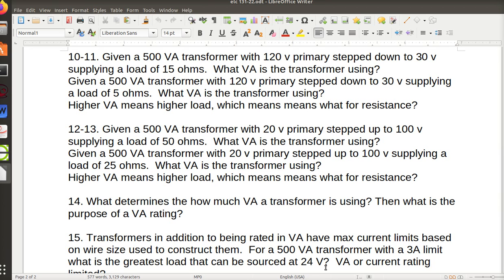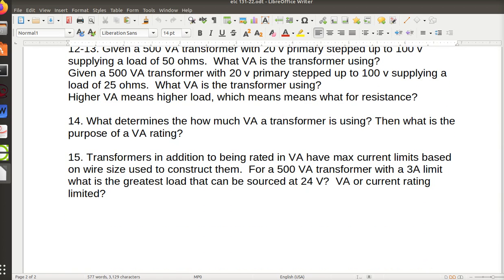And transformers don't always go solely on VA, because you can take the transformer ratio and go with very small voltages and seemingly get very high currents to get to the VA that it's rated for, but sadly in the real world, transformers, in addition to being rated in VA, have maximum current limits based on wire size. So the wire size that constructs the transformer limits the current to what the wire can handle.